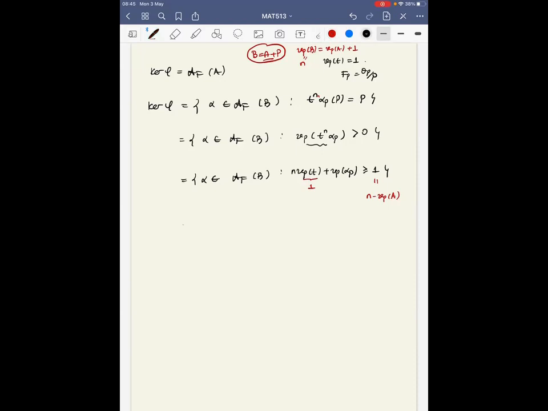And this shows us VP of alpha P is bigger than or equal to VP of A. So if we consider an Adele of this kernel, it lies in this set, but particularly for this setting, you can also see that the kernel of phi lies in A of A.